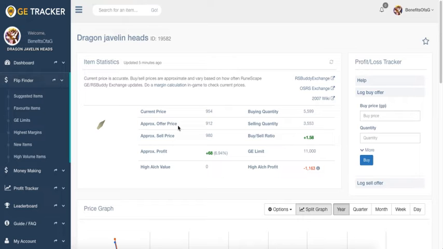Then maybe the dragon javelin heads would increase in price again. So advanced merchants would stockpile this item quite heavily, but not to the point where they're increasing the price. They'd just be hoarding slowly over time, waiting for the moment that these items become relevant again.